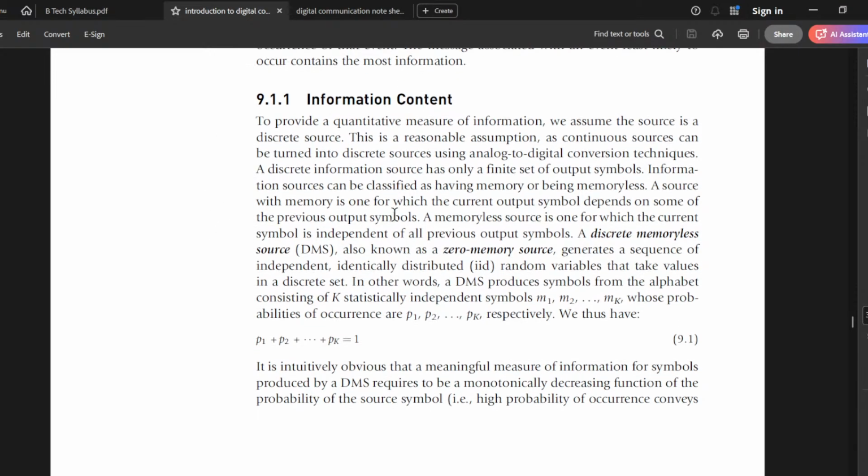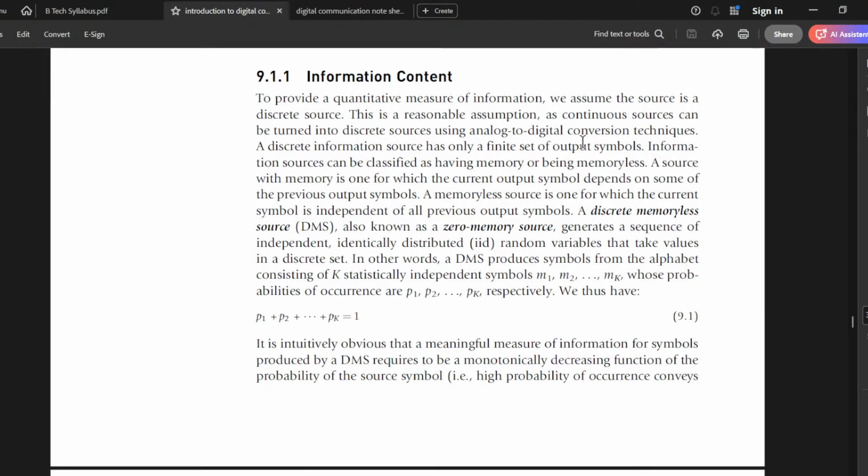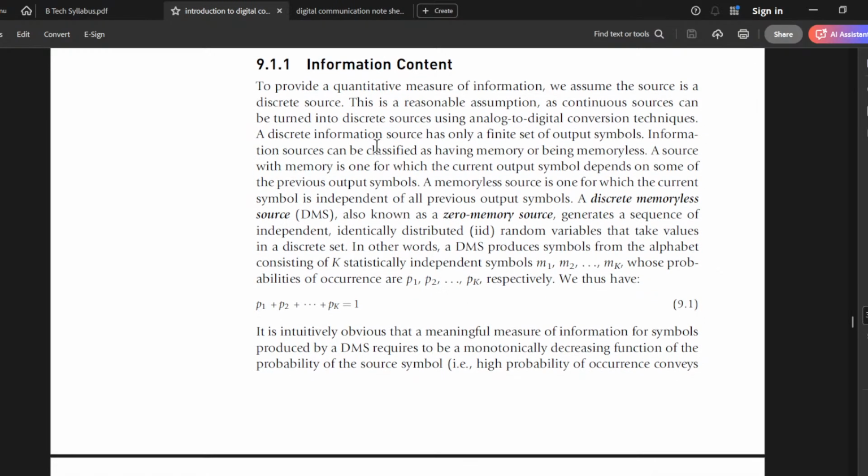A discrete information source has only a finite set of output symbols. Information sources can be classified as having memory or being memoryless. A source with memory is one for which the current output symbols depend on some of the previous output symbols. A memoryless source is one for which the current symbol is independent of all previous output symbols.